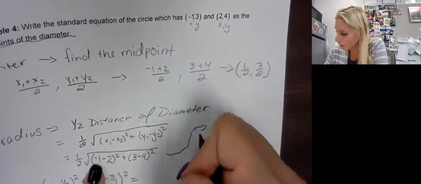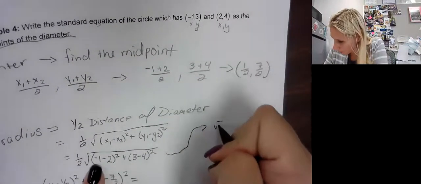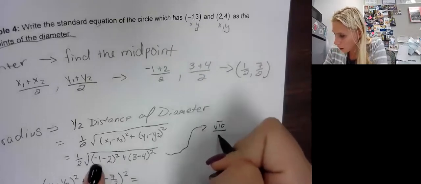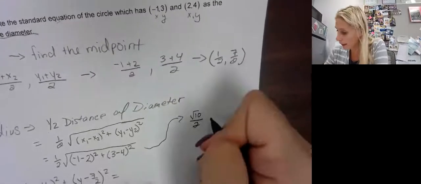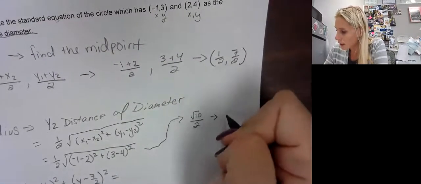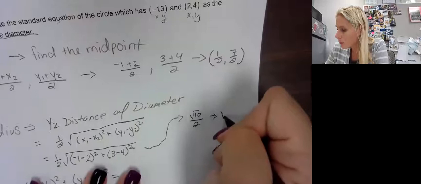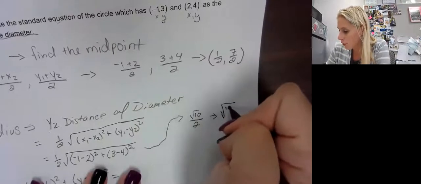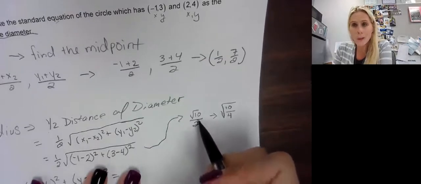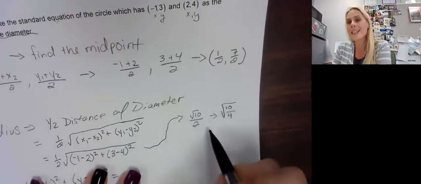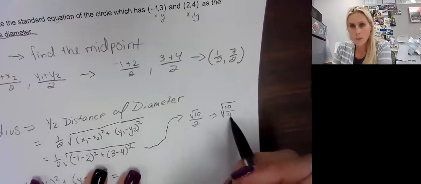So if I do my square root, I get the square root of 10 over 2. Well, I'm going to put the whole thing in a square root, okay, guys? So if I put the whole thing in a square root, I would get the square root of 10 over 4, because the 2 is not in a square root, so to make it into a square root, it would be the 4.